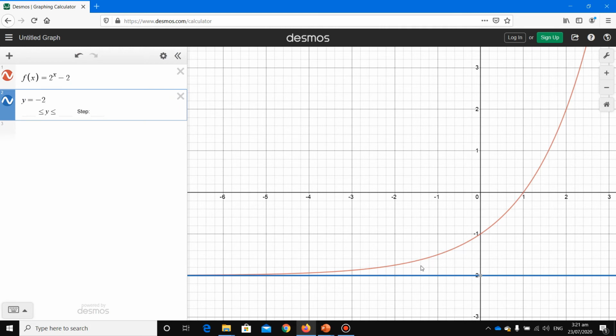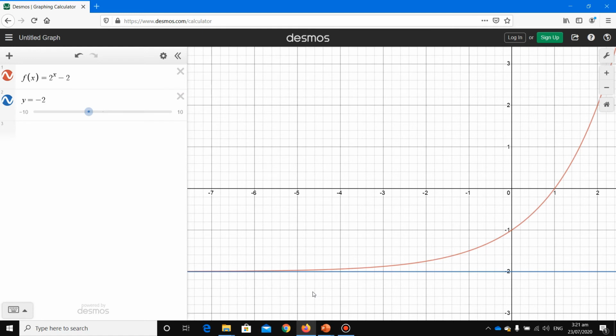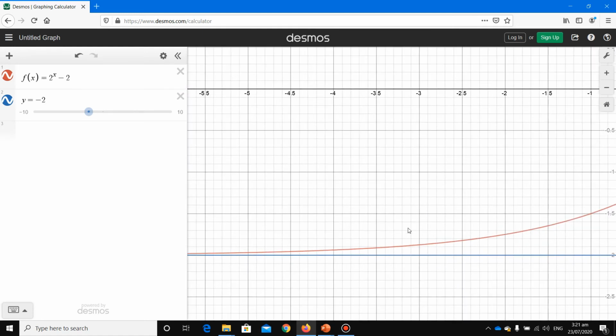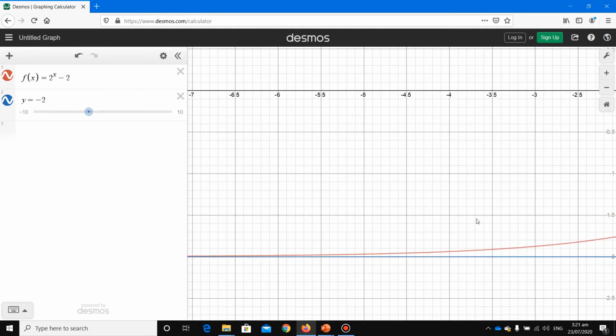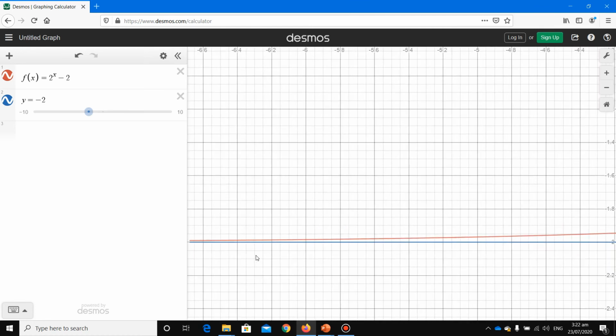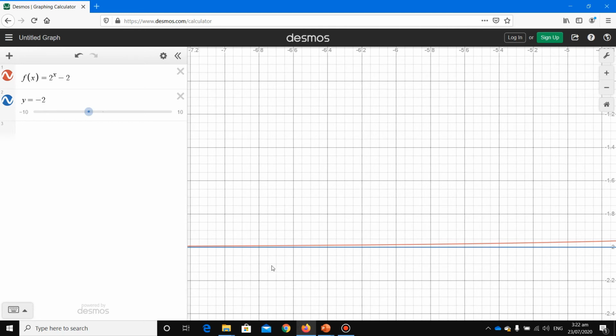When we say asymptote, the curve or our graph and this line will just approach each other but will never touch each other. So we can see here, although it is not obvious, but as we look closer, we can see that our graph and this line just approach each other. And if we look closer, they will never touch as they approach negative infinity or even positive infinity in some examples.